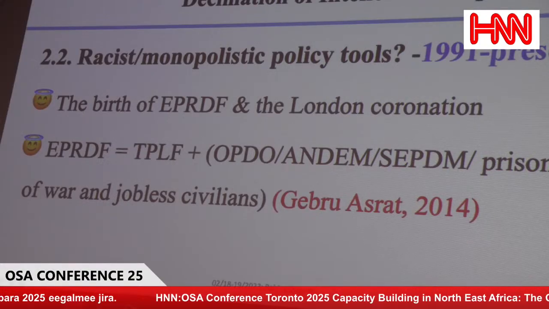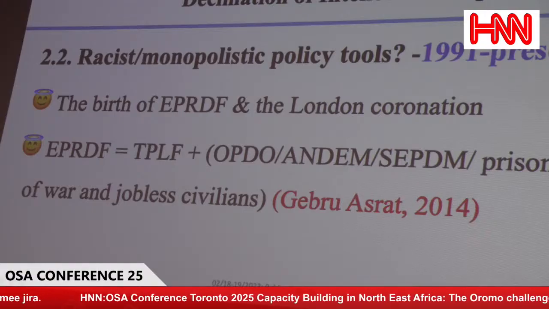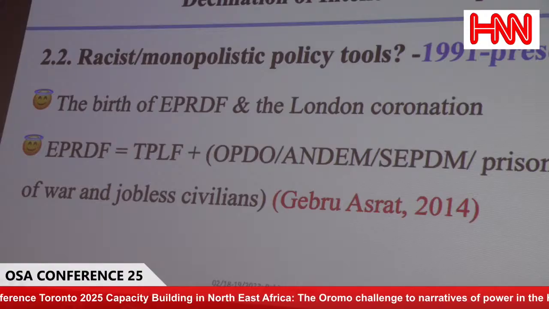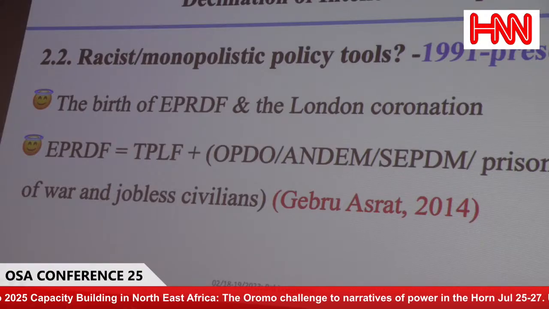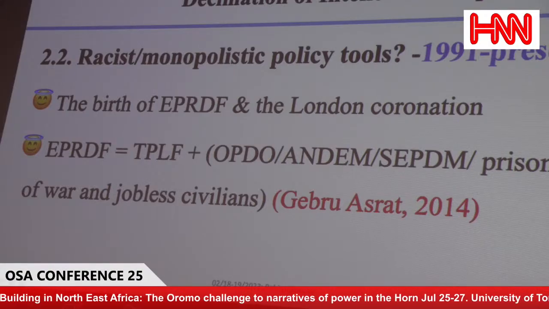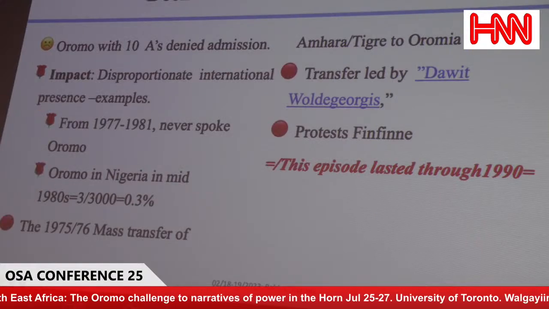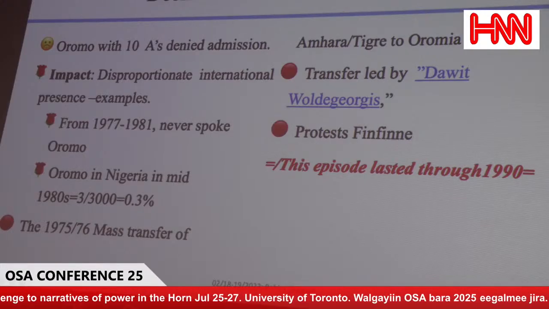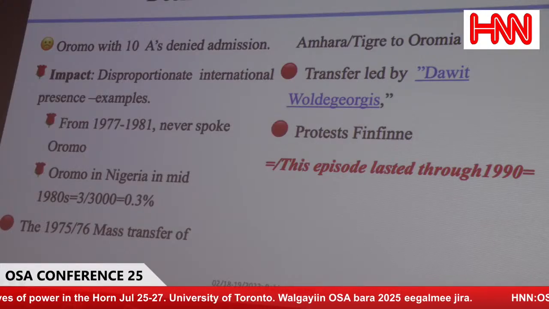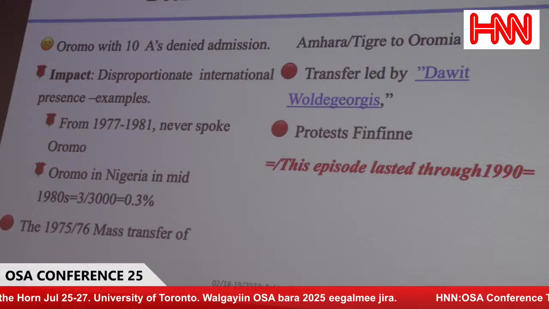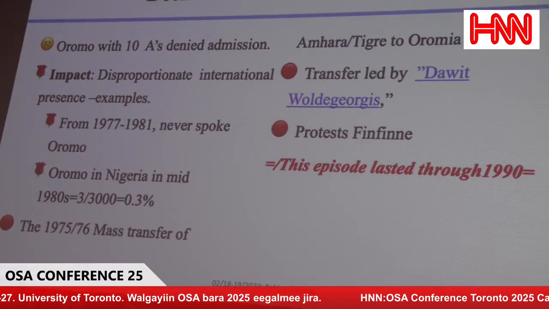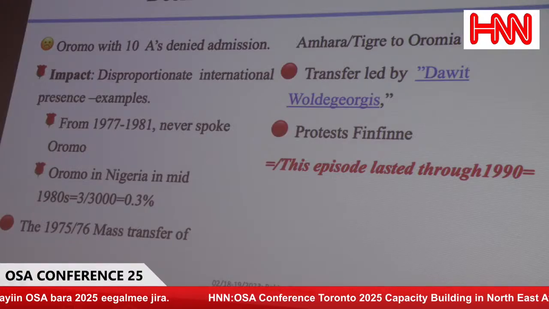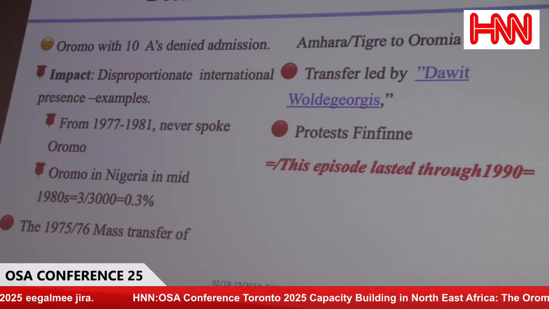I want to mention this last statement. There is a guy called Walda Georgis, whom you get to hear about very often. Around 1978, 79, if I recall correctly, or the early 80s, in the name of the famine that struck that country, they transferred these folks from the northern part of the country and literally planted them throughout Oromia.